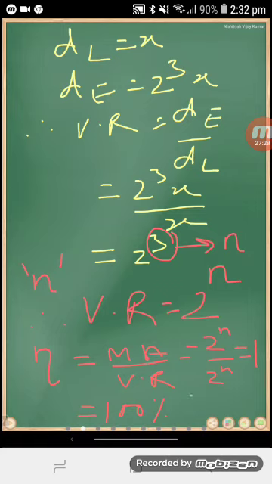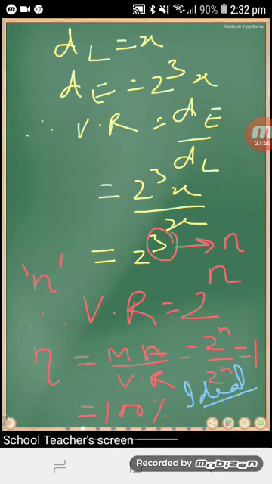Ideal case means there is no friction at the axle, the strings are massless, and even the weight of the pulley is also negligible. Okay, so this is about your Archimedean system.